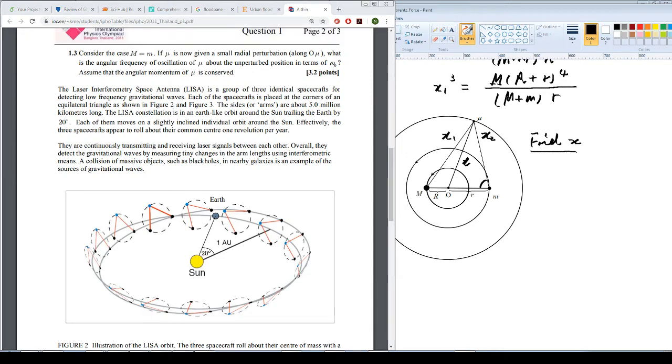Now there's a special case. So question 1.3 basically tells you this point must be a stable Lagrangian point because it performs a simple harmonic motion.